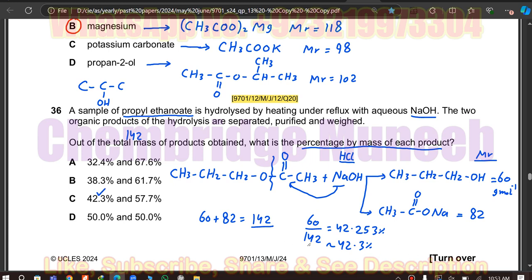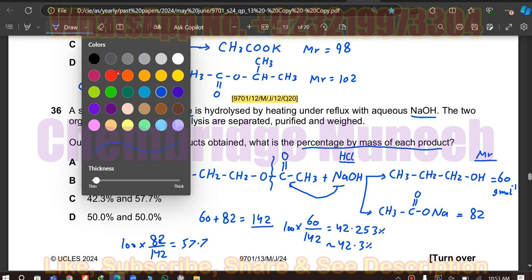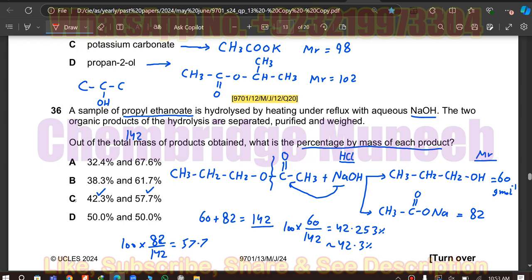And then for the other part, 82 divided by 142, and we also multiply by 100 because we have to calculate the percentage mass. It will give you 57.7, so it is one of these options. So that's why the correct option becomes option C.